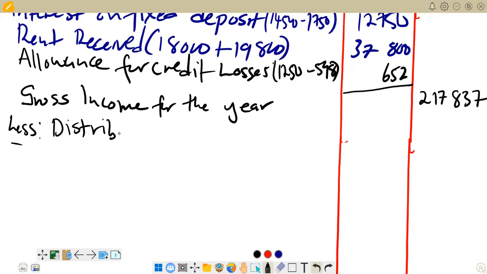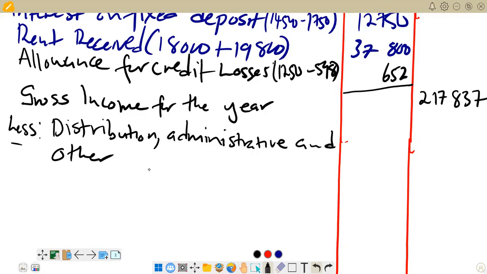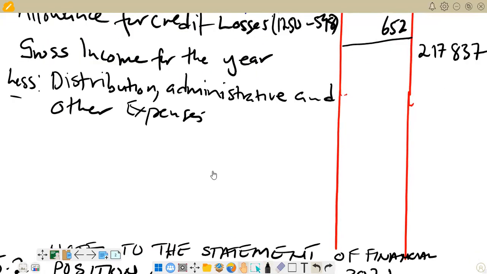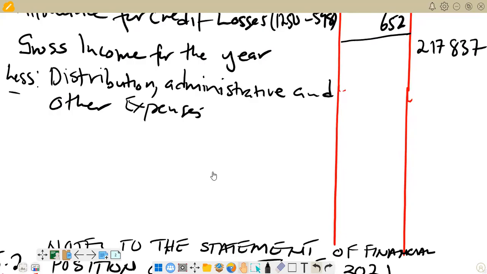Distribution, comma, we also have administrative, and also we have other expenses, any other expenses that might be necessary to put there. And obviously we are going to list all these distribution, administration, and other expenses. We list them there, and then the total obviously is going to go in line with that explanation of distribution and other expenses.